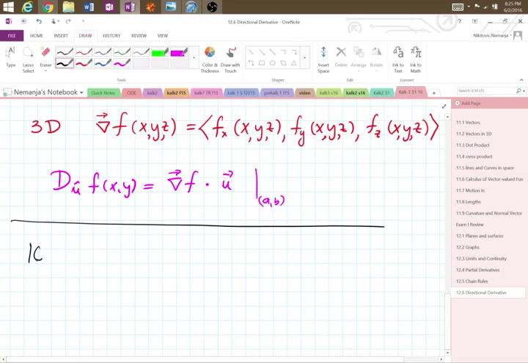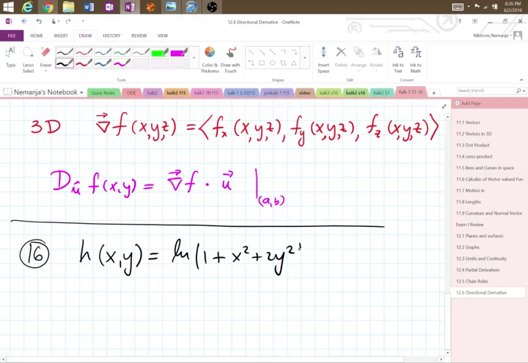Number 16. h of (x,y) is given as ln of (1 plus x squared plus 2y squared), and compute that at the point P (2, -3).